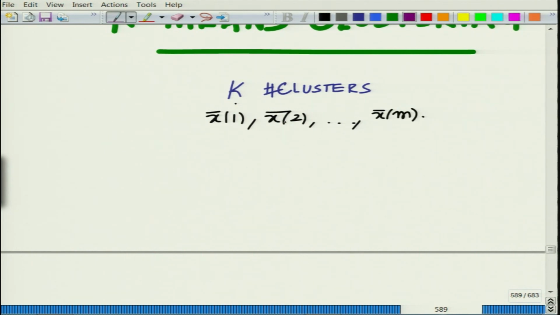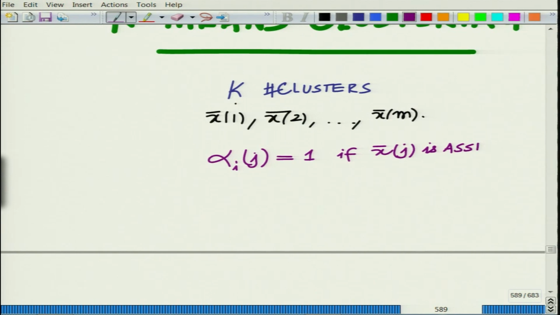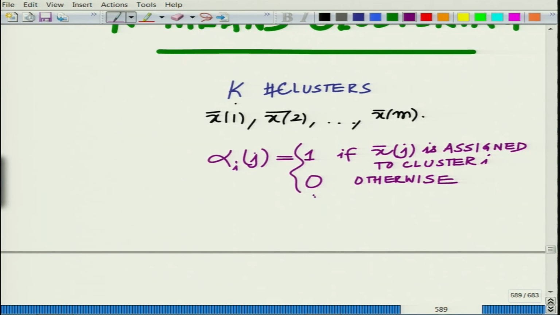And the idea, remember, is to determine these parameters alpha i j, which is equal to 1 if x bar j is assigned to cluster i, and zero otherwise.